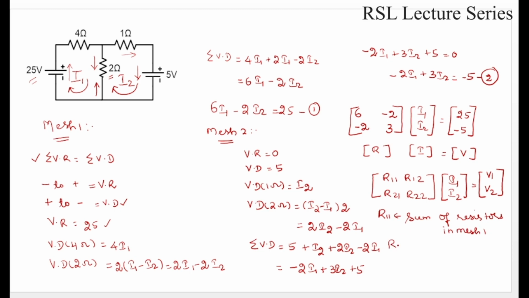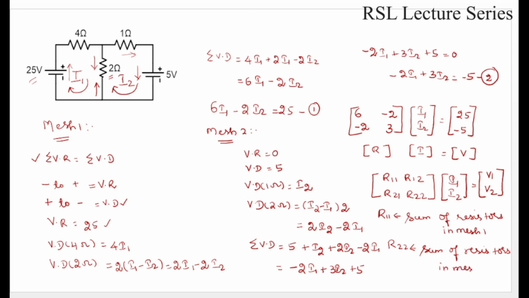Similarly R22: if you see mesh 2, we have a 1 ohm resistor and a 2 ohm resistor, so adding these two we'll get 3. So R22 is again the sum of resistors in mesh 2.